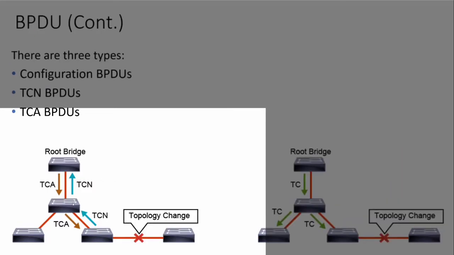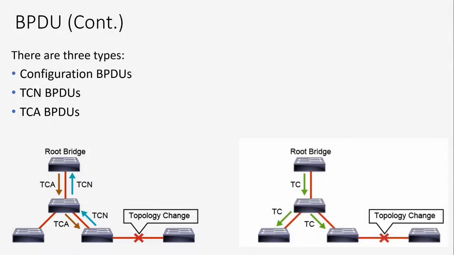That designated switch will respond with a topology change acknowledgement, and it will then forward a topology change notification upstream to its designated bridge, which will send a topology change announcement back down to it.